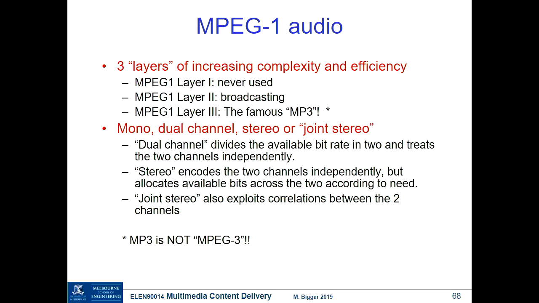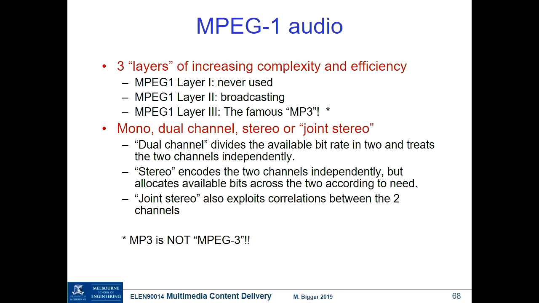And we'll look at how the parameters were different for these different layers, with the anticipation that maybe we want a standard for audio coding that's very simple. So not necessarily really good efficiency, not really low rates, but we want to keep it simple.